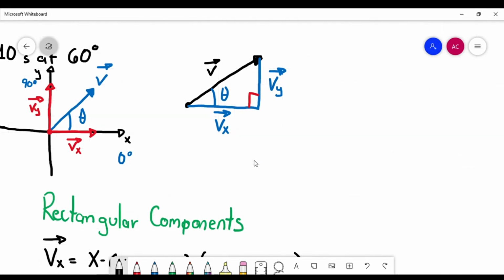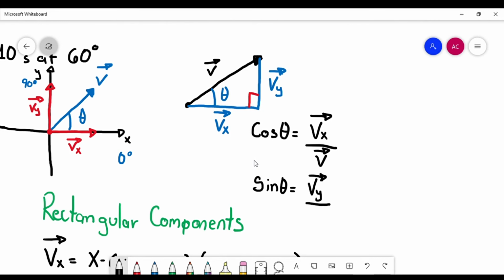The cosine of the angle equals the adjacent side, that is bx, over the hypotenuse, b. And the sine of the angle equals the opposite side, that is by, over the hypotenuse, that is b.